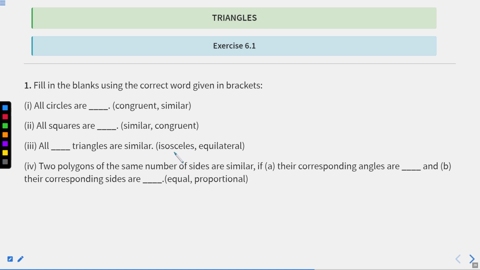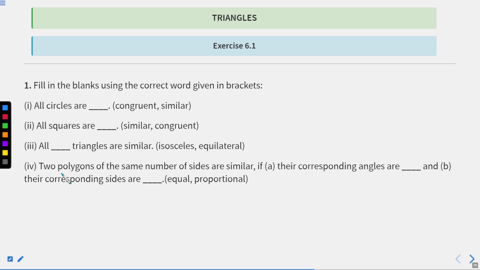Here all equilateral triangles are similar, because for equilateral triangles all angles are the same, and their corresponding sides are in the same ratio. So all equilateral triangles are similar.